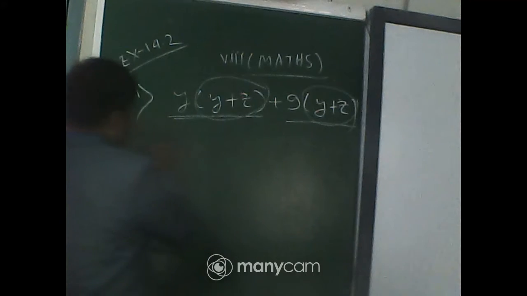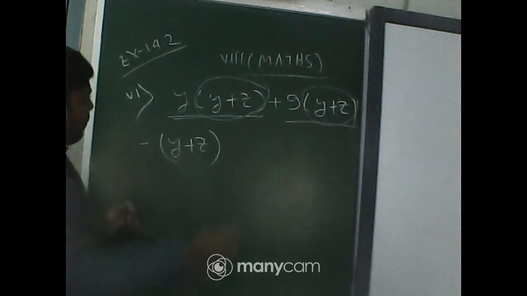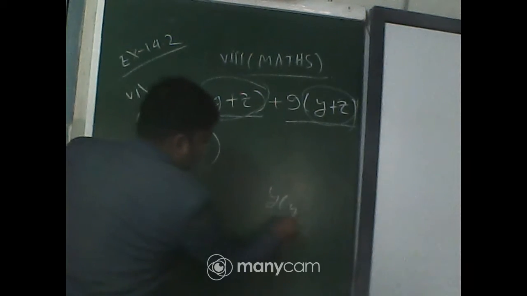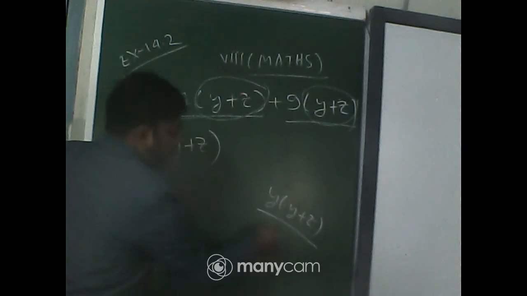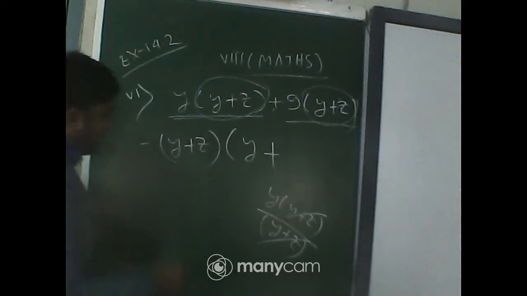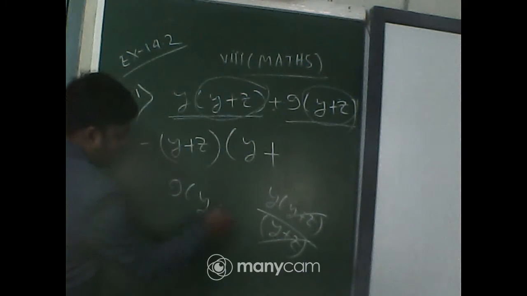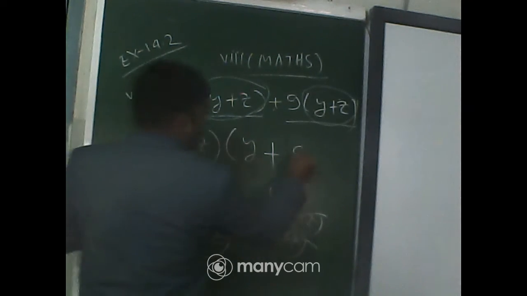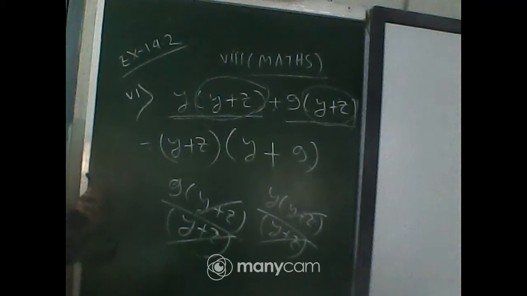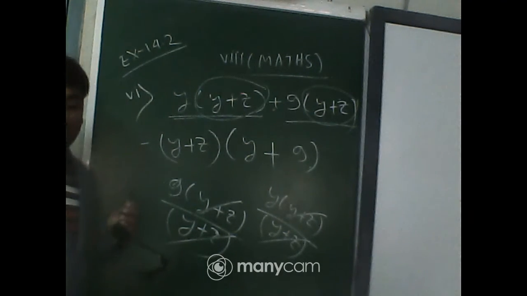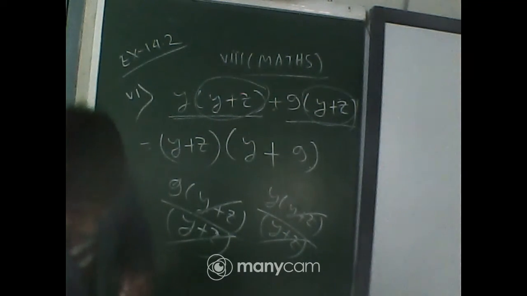Take it as common. From y into y plus z, after taking y plus z common, the remaining term is y. Next, after the plus sign, from 9 into y plus z, taking y plus z common, the remaining part is 9. So it is the factorized form of question number 3, part 6.